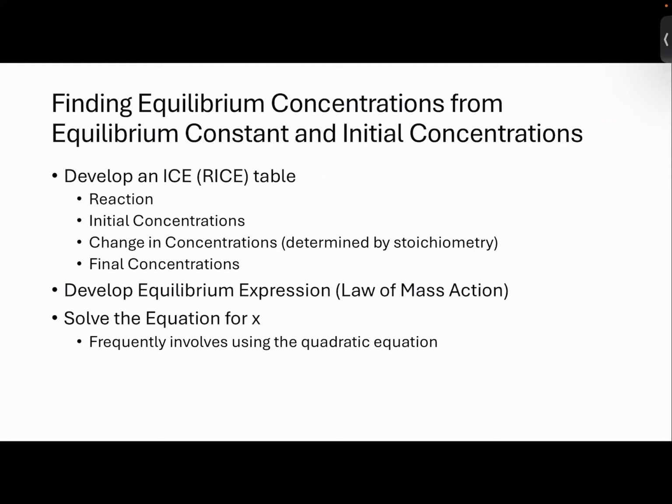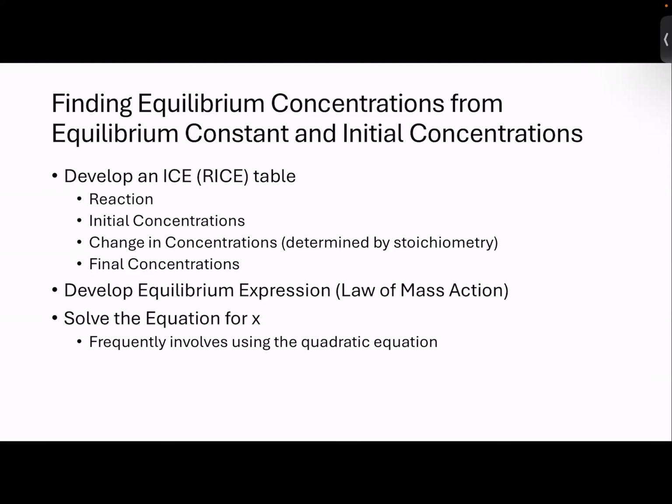Okay, so how are we going to go about finding concentrations at equilibrium? In order to find the concentrations at equilibrium, you have to be provided with the initial concentrations and the equilibrium constant. Once you have that, you're going to develop an ICE table, or sometimes it's referred to as a RICE table. This table starts out with the reaction.